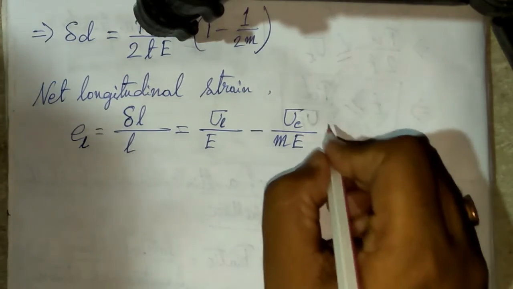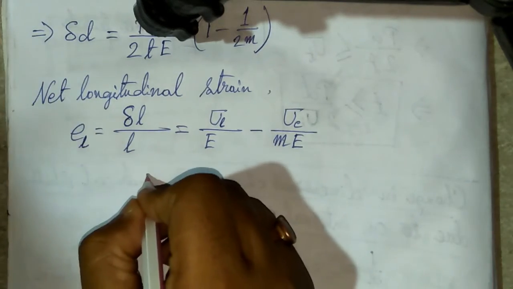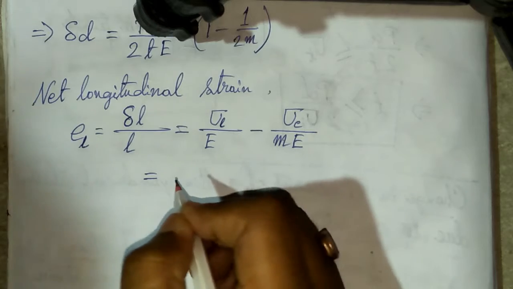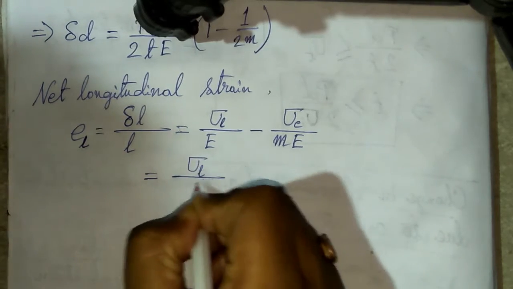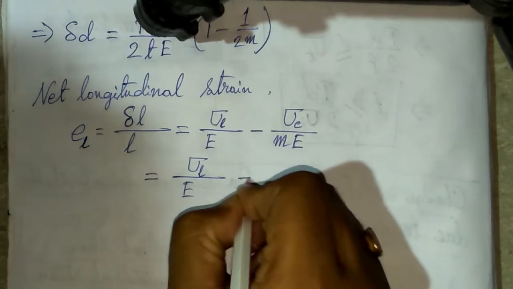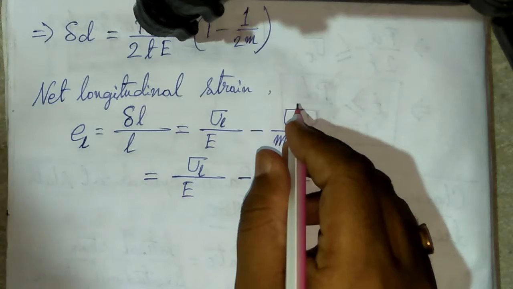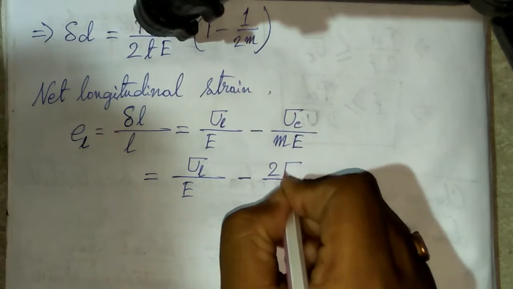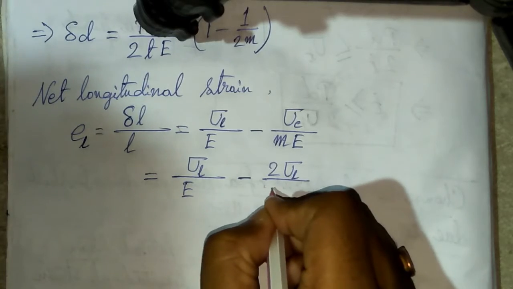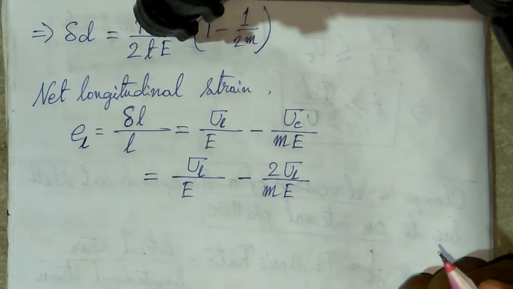Again we are going to substitute the value of sigma c here. We can write sigma L by E minus, since sigma c is equal to 2 into sigma L, 2 sigma L by mE.